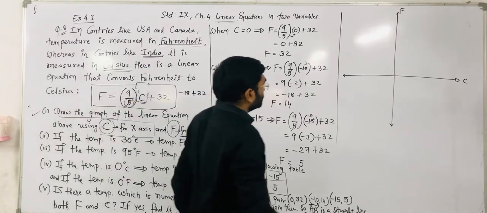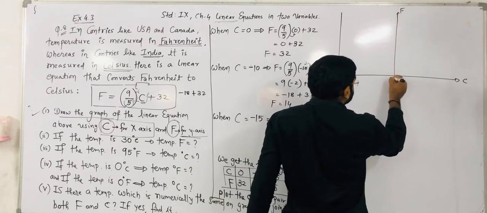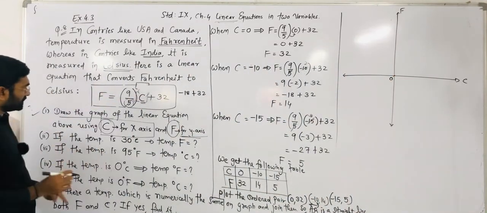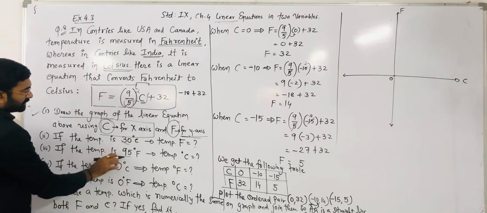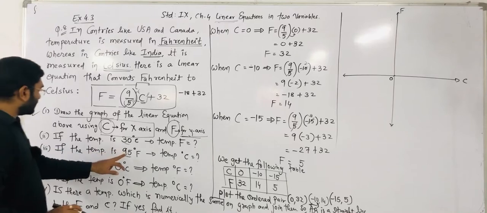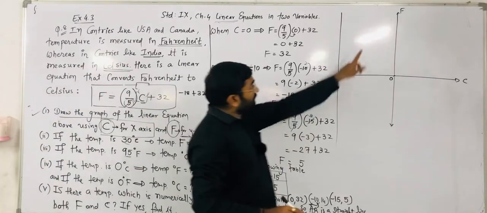Observe the question: for a Celsius value of 30, we require the Fahrenheit value 95, so up to 100 we have to write on the Fahrenheit axis.